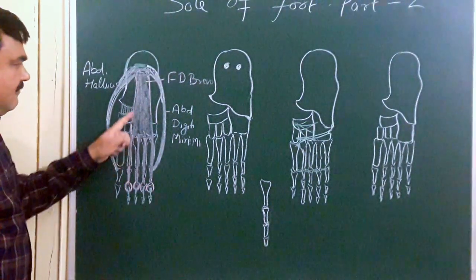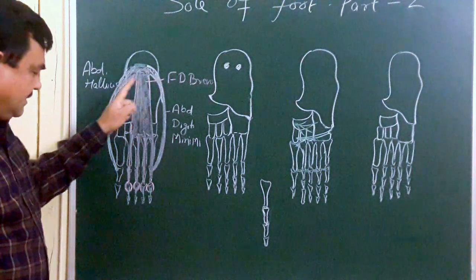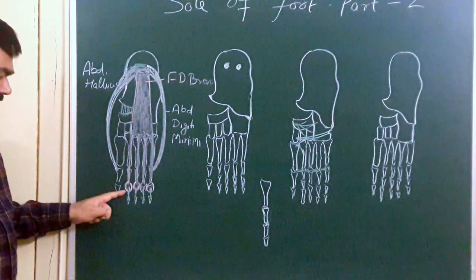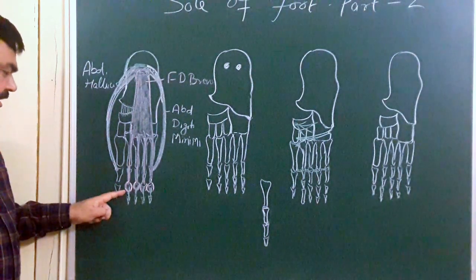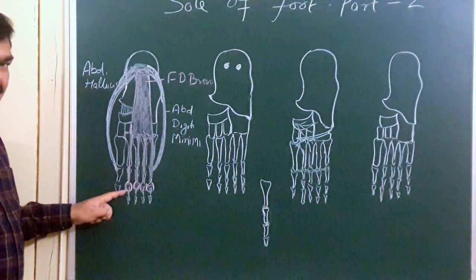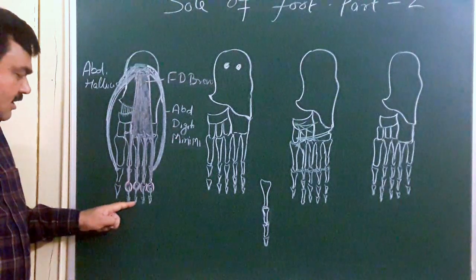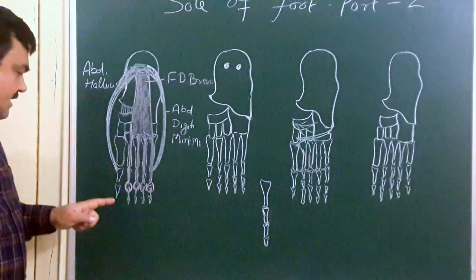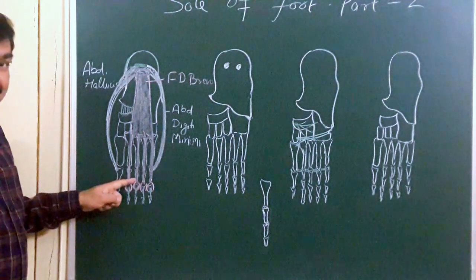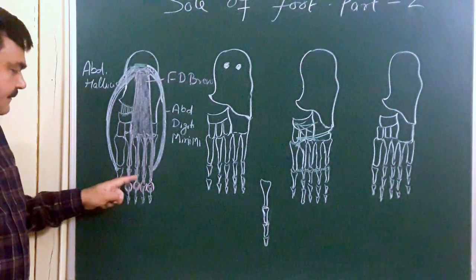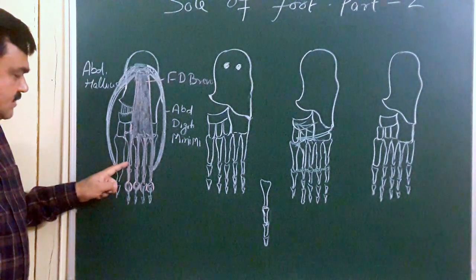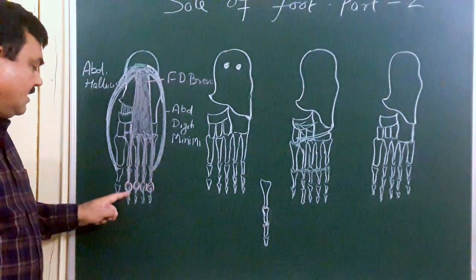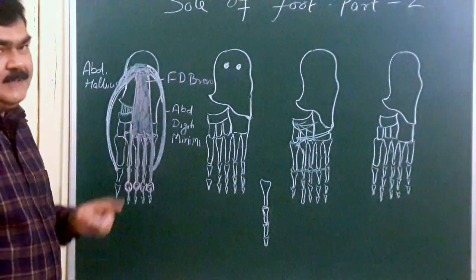So this flexor digitorum brevis is inserted on both sides, the medial and lateral side, of the middle phalanx of the second, third, 4th and 5th toes. So the action is flexion at the proximal interphalangeal joint and also the metatarsophalangeal joint of the second, third, 4th, 5th toes.